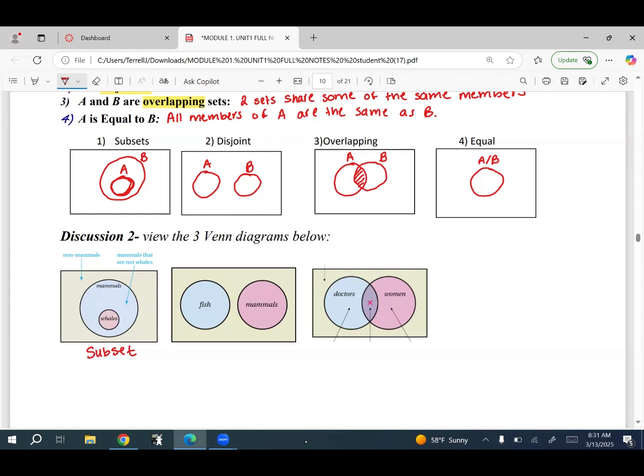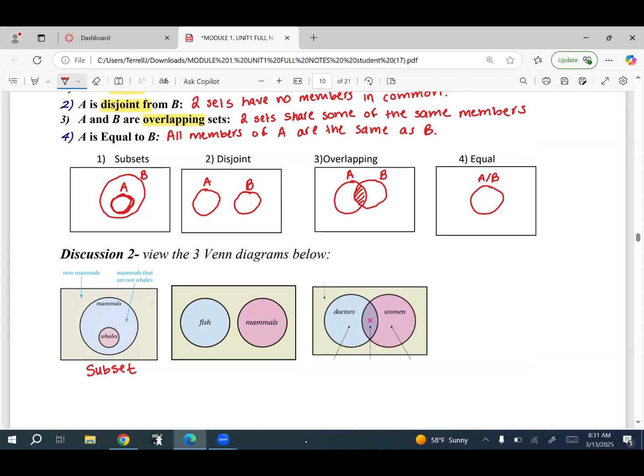And so this depiction says they are disjoint. There's no overlap. They're not touching. They have no members in common, in other words. And then finally, we're looking at doctors and women, and we can say there is some overlap. And that's what this piece right here signifies. There are doctors that are also women.